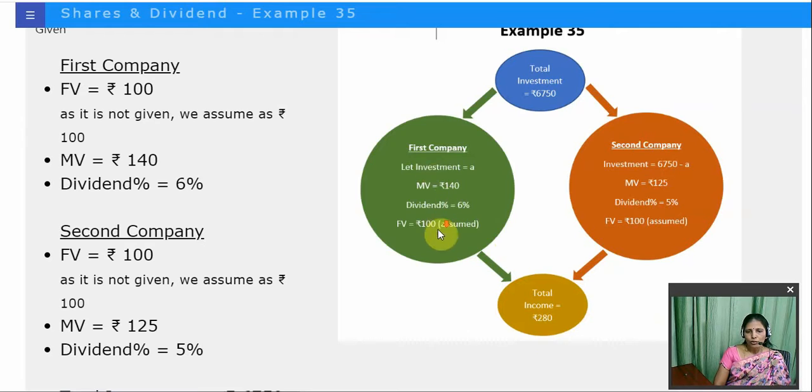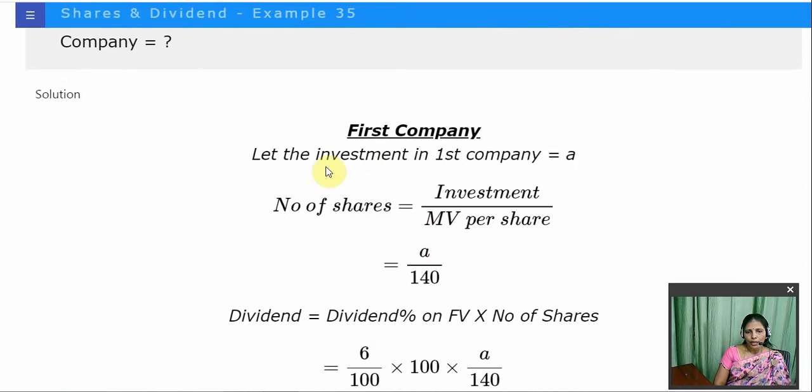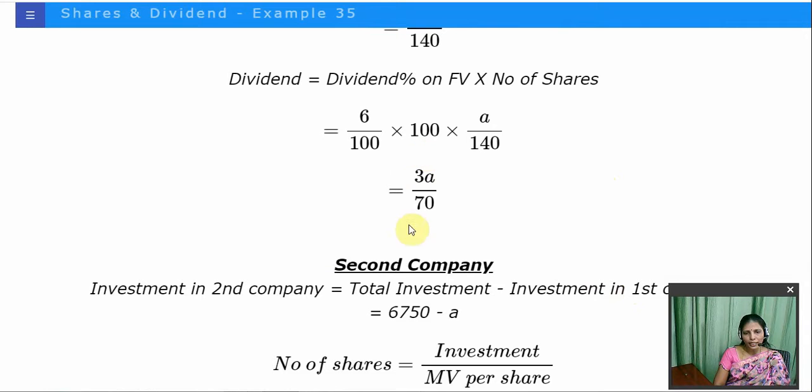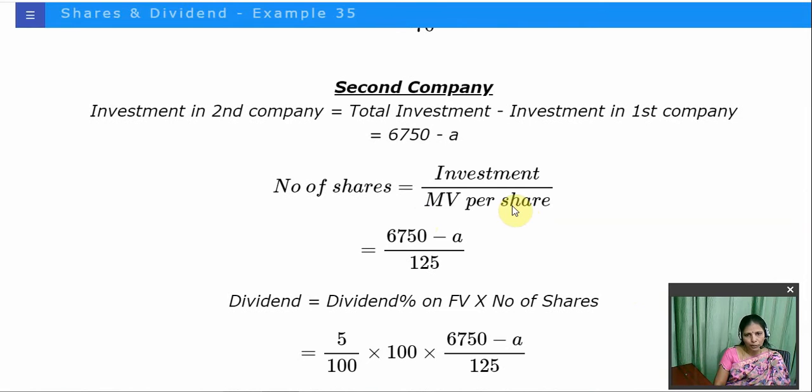As you have assumed the investment as A, you need to find the dividend. To find the dividend, you should know how many shares. So first you need to find the number of shares, then substitute in the formula and find the dividend. This is his income from the first company. The same thing you have to do for the second company also.